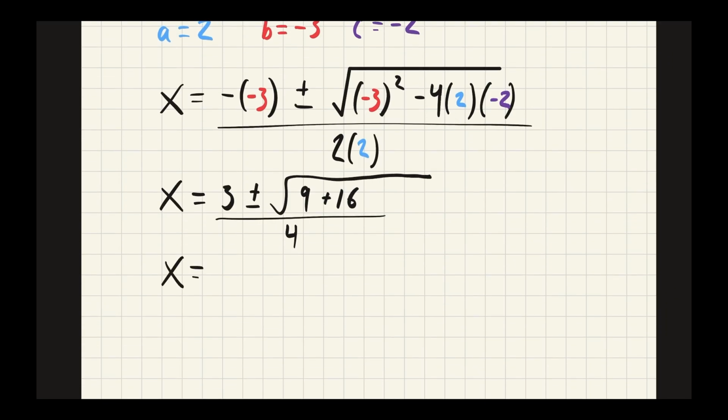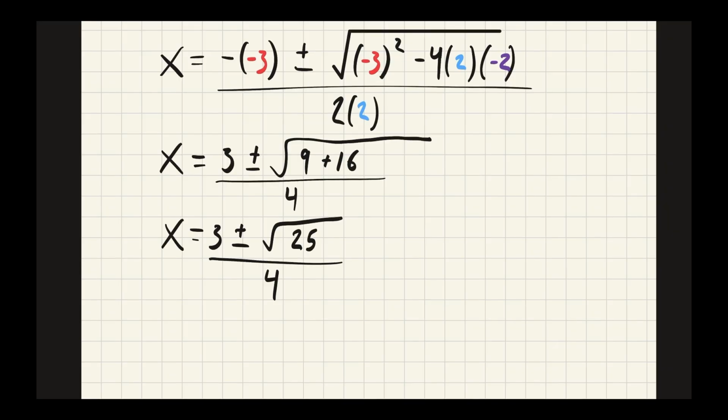So x equals 3 plus or minus the square root of 25, over 4, and we know that the square root of 25 is 5, so x equals 3 plus 5 over 4, and x also equals 3 minus 5 over 4.